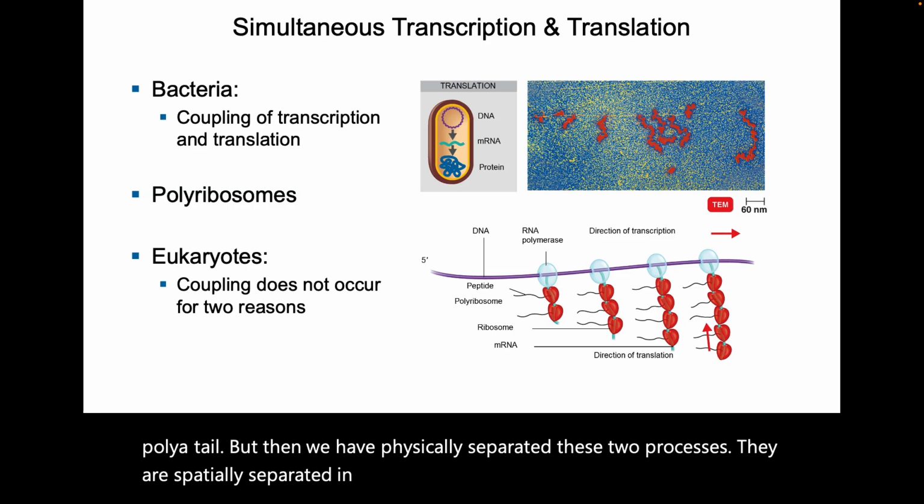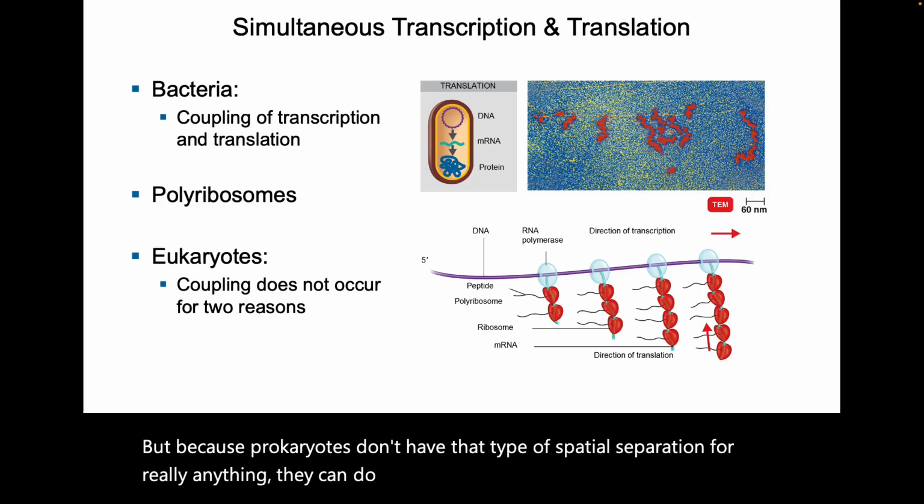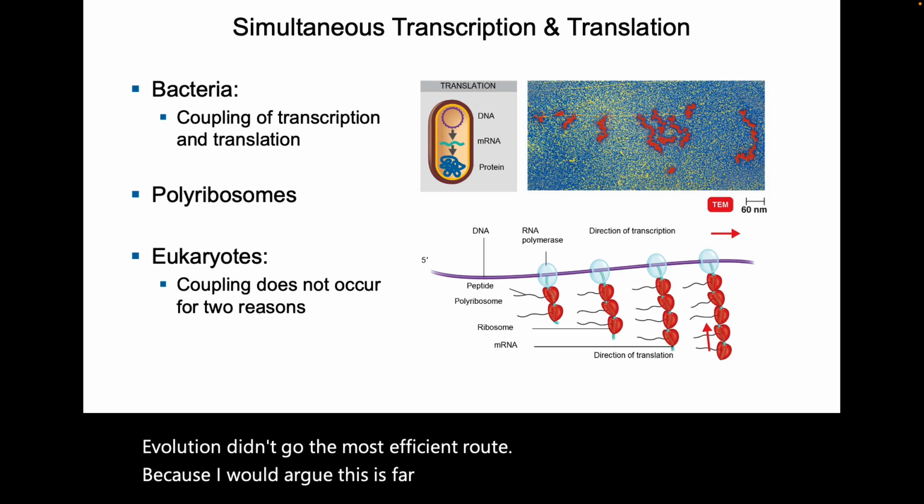But because prokaryotes don't have that type of spatial separation for really anything, they can do these processes at the same time. So sometimes evolution didn't go the most efficient route. Because I would argue this is far more efficient than what our cells do.